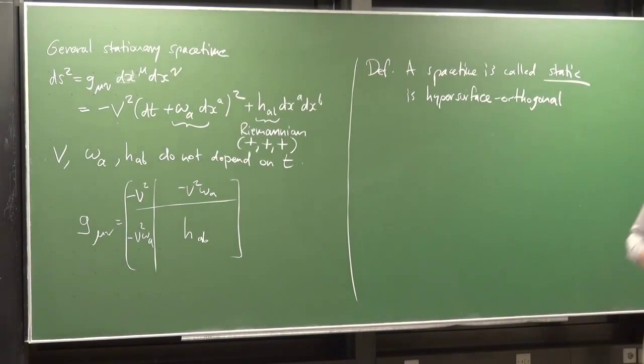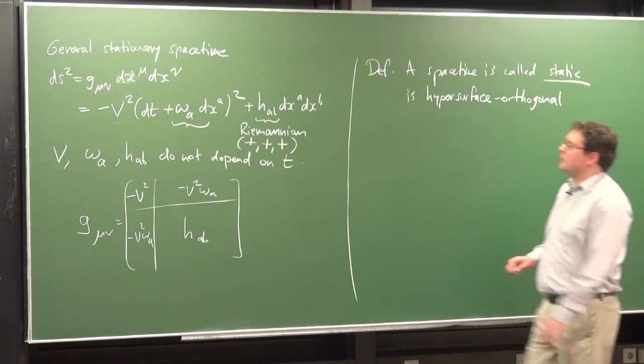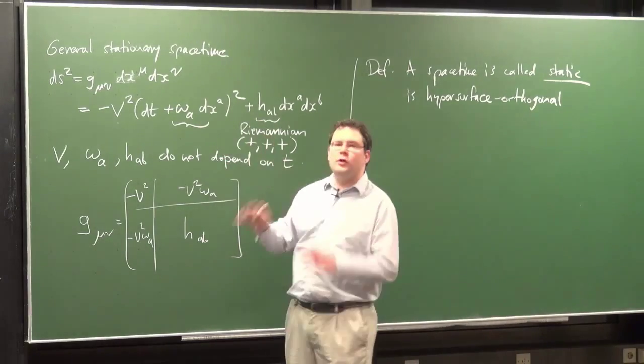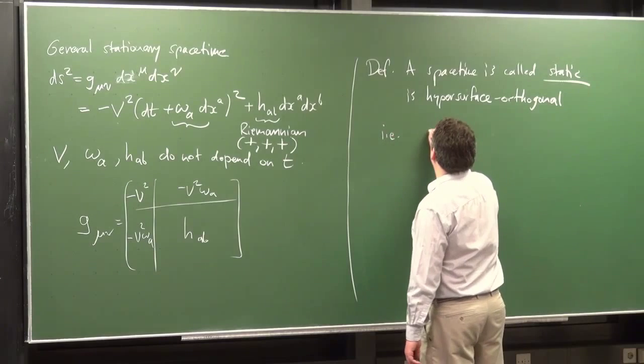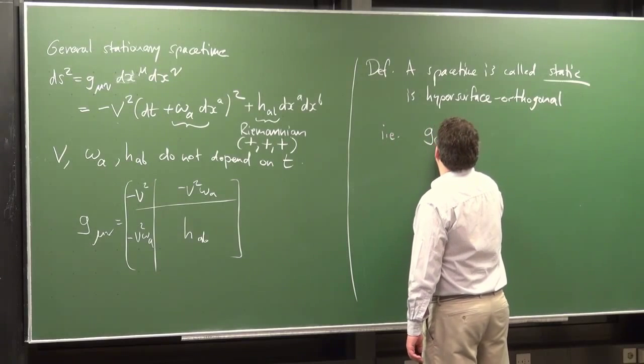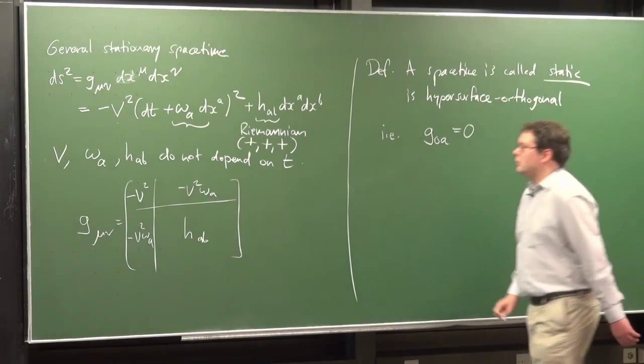Now to define this or to write down the condition, you need Frobenius' theorem. It's a little bit fiddly. I don't actually need this for what we're going to do later. But for our purposes, that really means that in a particular coordinate system, there are no mixing terms. Right? So this really means just for us that the components g_0a are 0. Right?